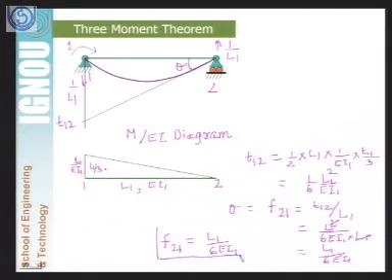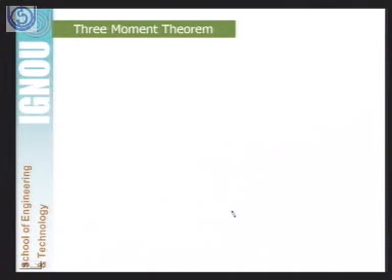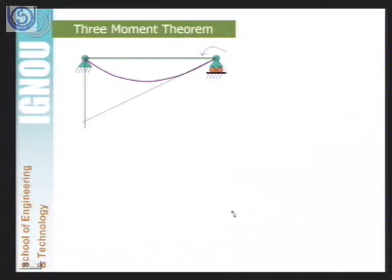So let us write it down that this is our F21. Now what next we have to calculate? Next thing we want to calculate, we have this is node 1 and this is node 2. Node 1 and node 2.